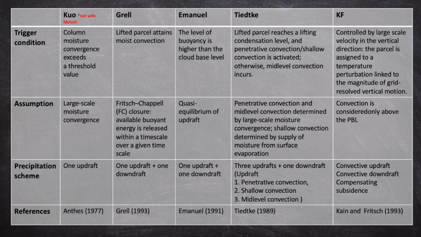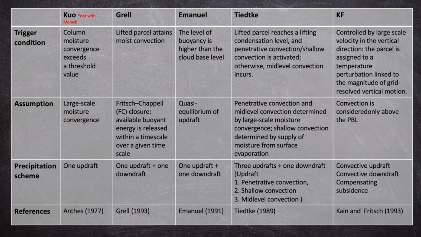The Tiedtke scheme considers both cumulus scale updraft and downdraft. It has 3 updrafts for the penetrative, shallow, and mid-level convection, and 1 downdraft. It is activated when the lifted parcel reaches a lifting condensation level. In this case, the penetrative or the shallow convection is activated, otherwise the mid-level convection is activated.